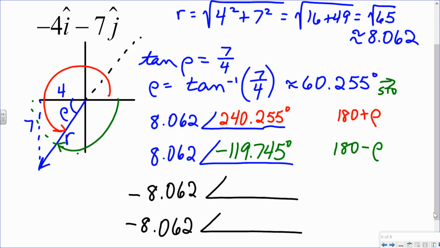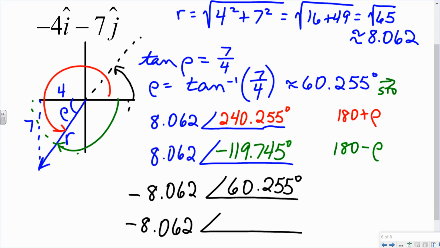So what I need are the positive degrees for this, and then the negative degrees going around that way. Positive's the easy one. I've figured out that rho is about 60 degrees. How does rho compare to this positive angle that I want right here? Why? Vertical angles. So all I need on that one is 60.255 degrees.